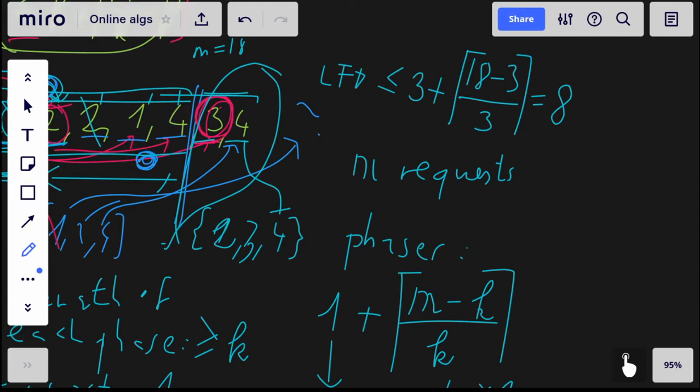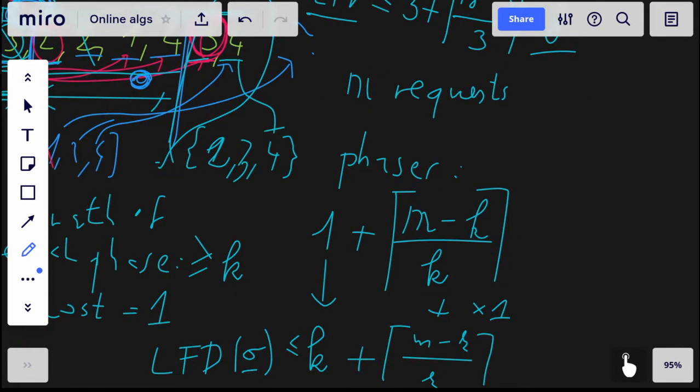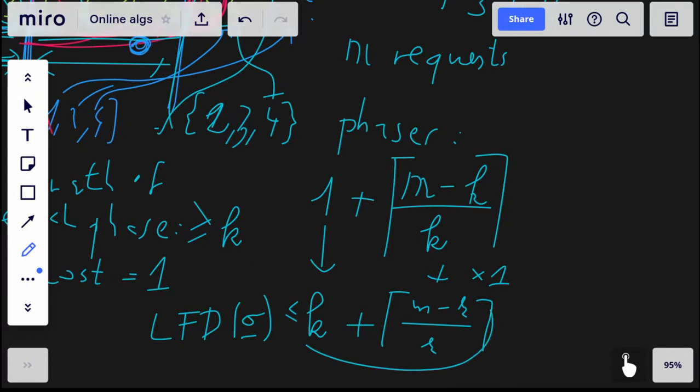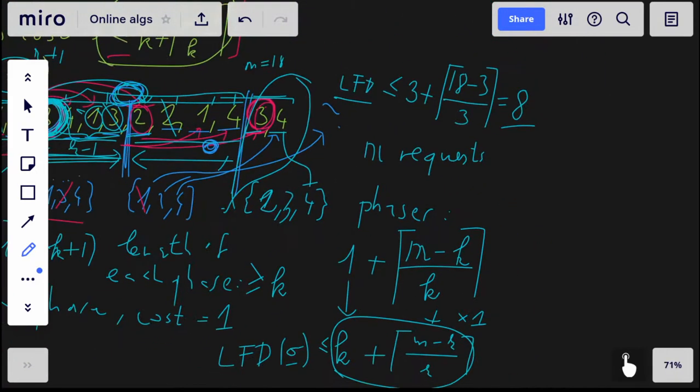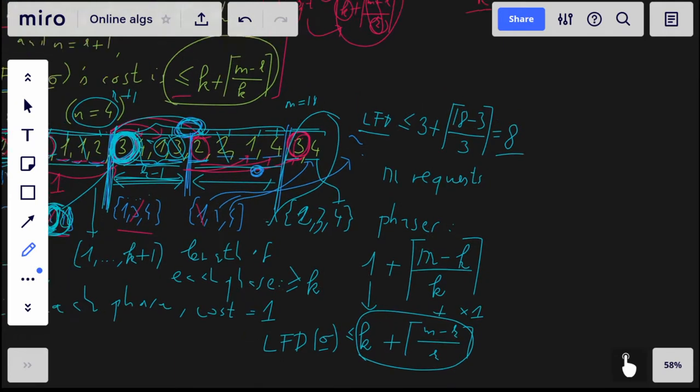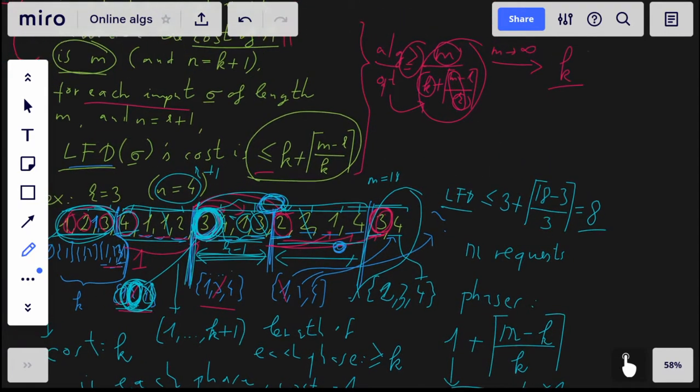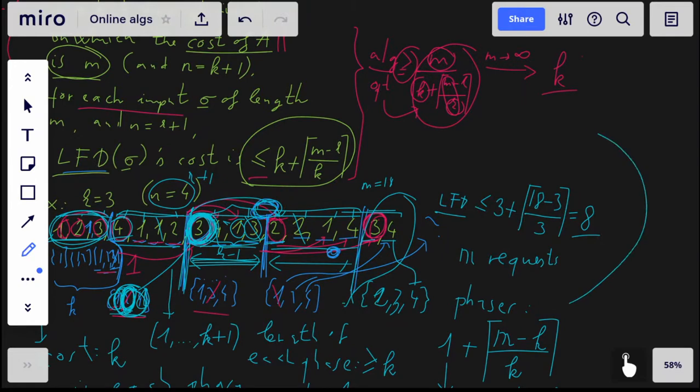But in general the optimum cost is at most this amount, while the online algorithm might pay m, as we discussed before. So the LFD's cost is at most this one, while the payment of the algorithm is m.